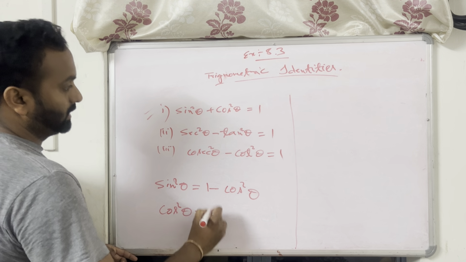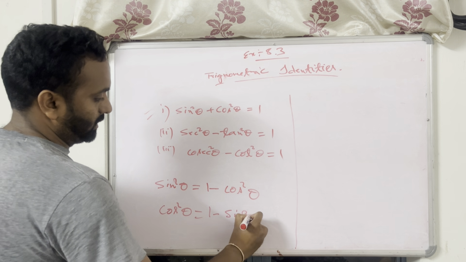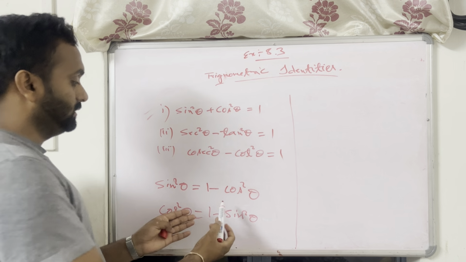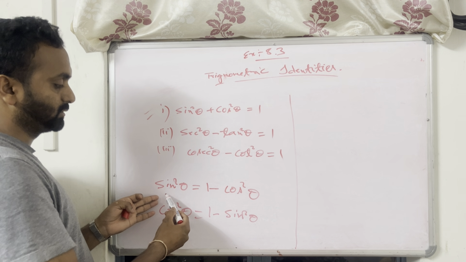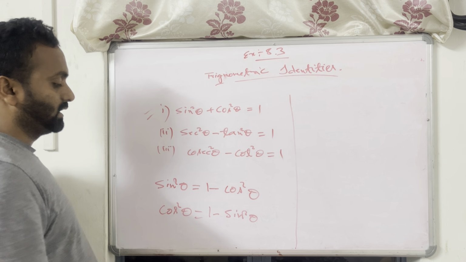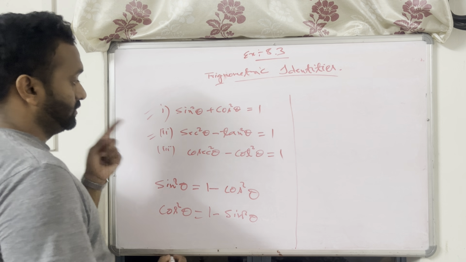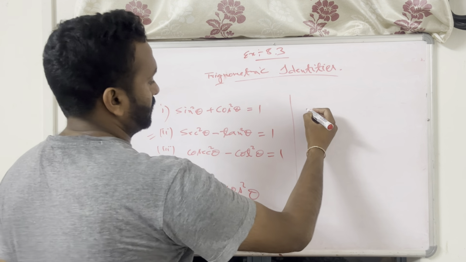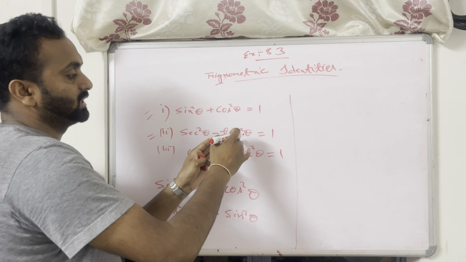So cos squared theta can be written as 1 minus sin squared theta. So whenever you see 1 minus cos squared theta, you can simply write that as sin squared theta. Whenever you see 1 minus sin squared theta, you can write that as cos squared theta.